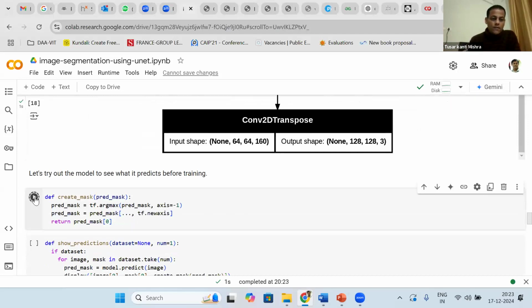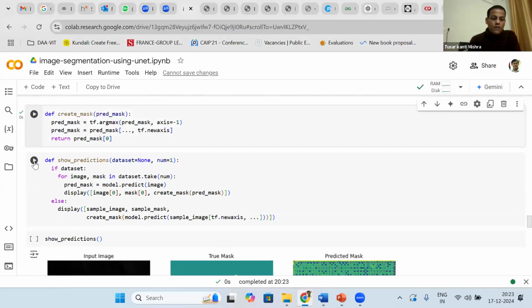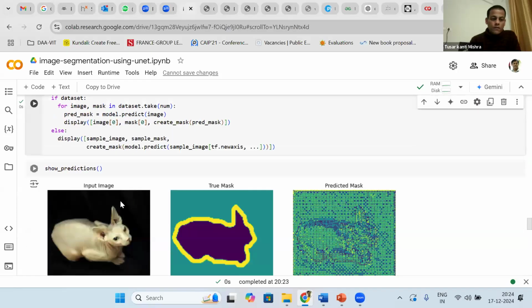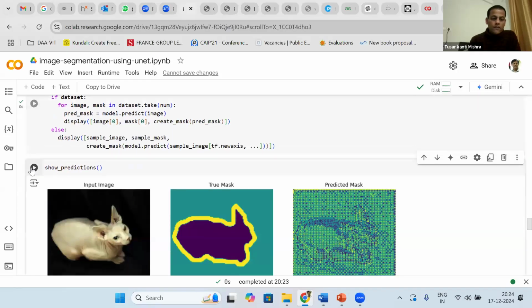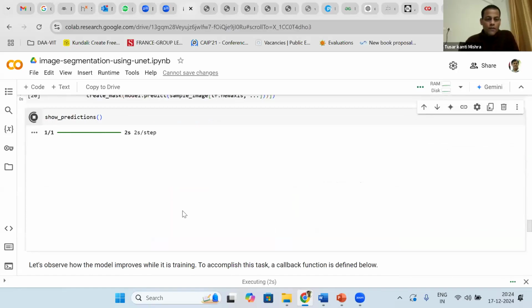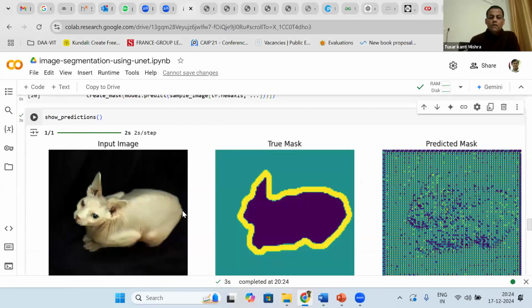Now the masking is done. Now we'll show the prediction, and I am running the prediction once again live. Yes, we can see the predicted mask over the cat.